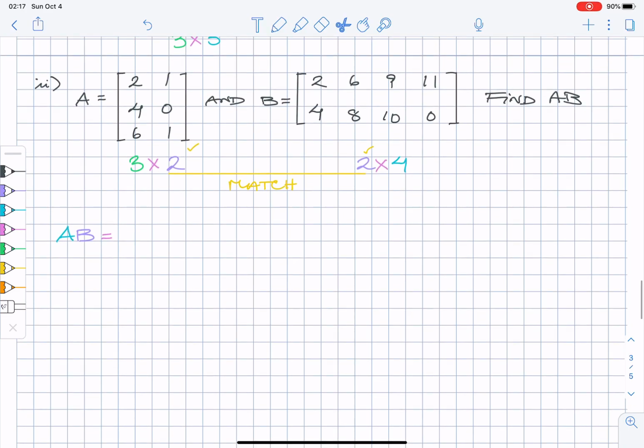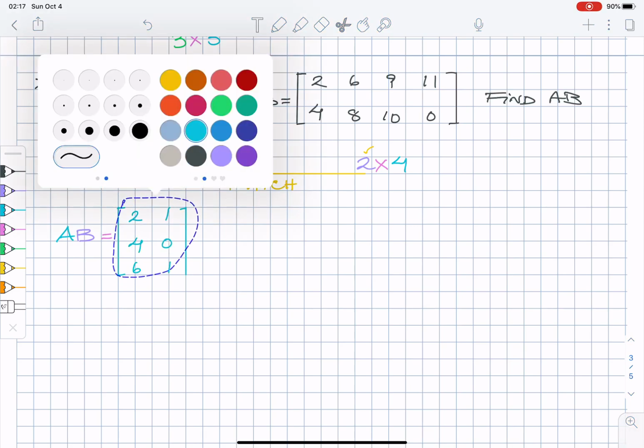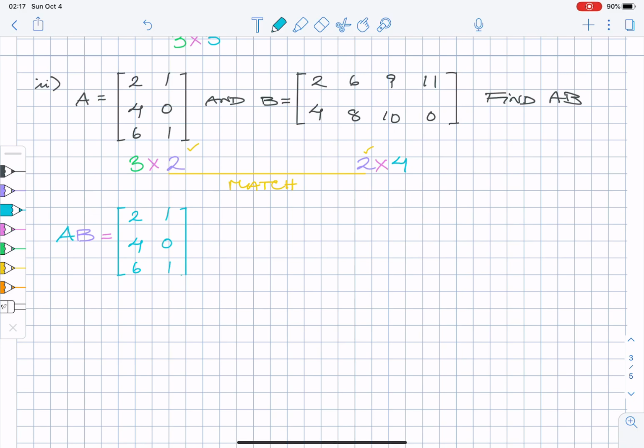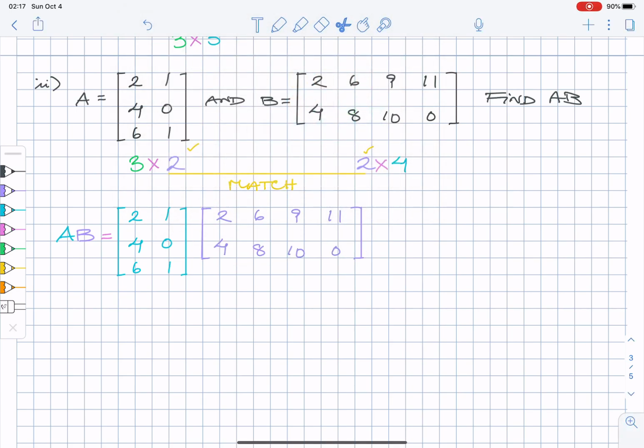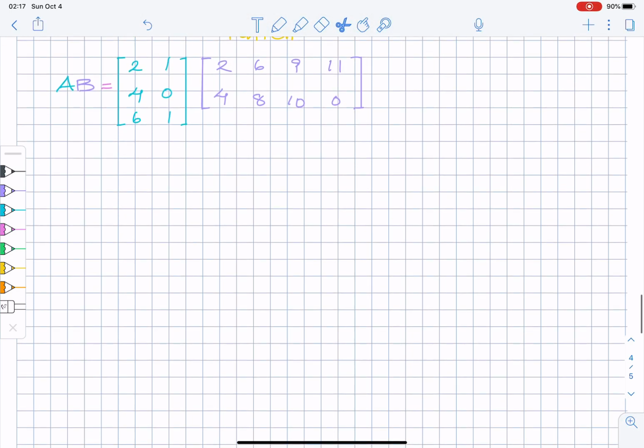matrix A. See if I can do this. Copy, paste, but I'm going to change the style to blue. Yeah, that works. Okay, and then matrix B, let's copy and paste. And I'm going to make this purple. Okay, so what do I get? I claim it'll be a 3 by 4.